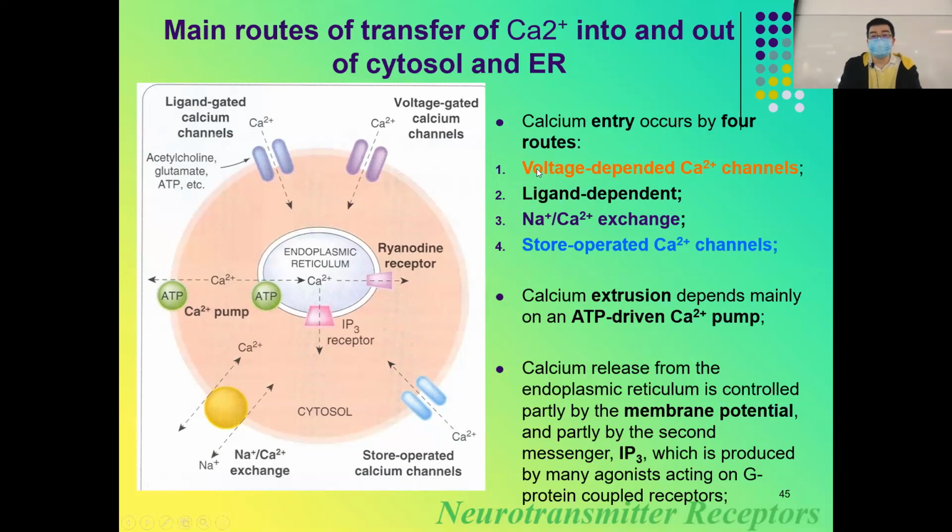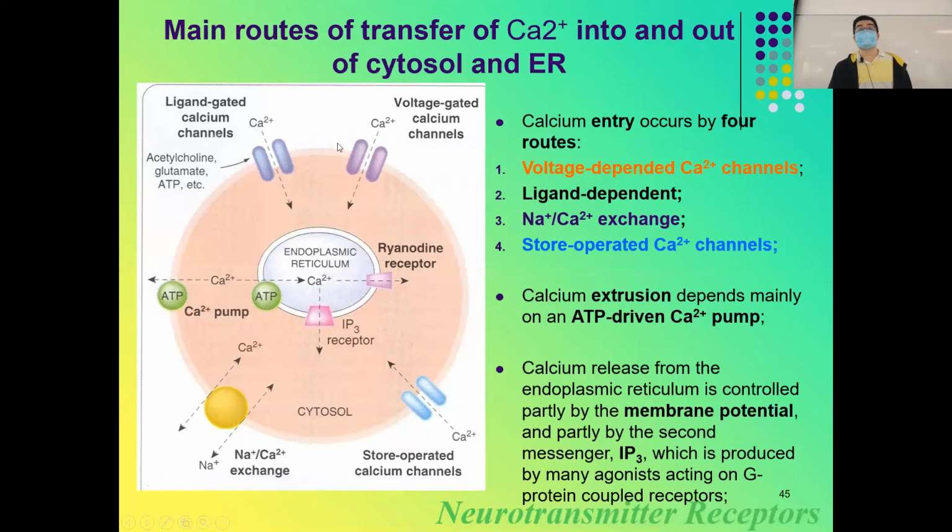Okay, so one is the voltage dependent calcium channels. That is in the synapse in which the action potential arrives. Change in the membrane potential can activate the voltage gated calcium channels and will result in them opening. Okay. Now there are also some ligand gated calcium channels as well. Okay, you'll see that there's some acetylcholine, for example, glutamate or ATP.